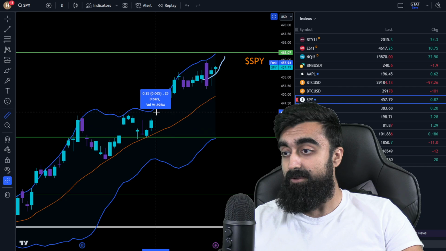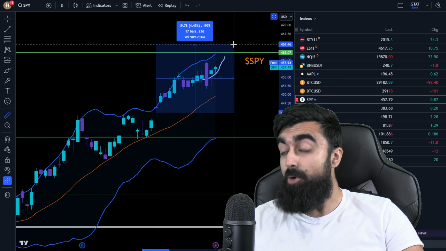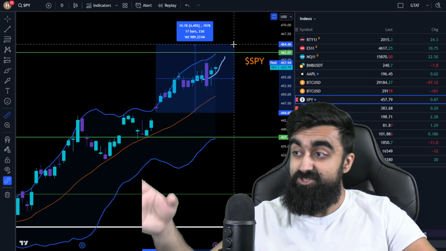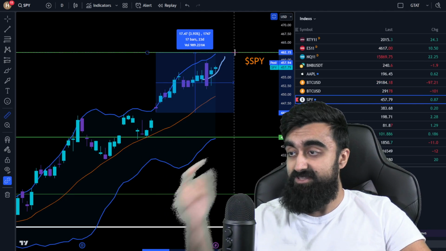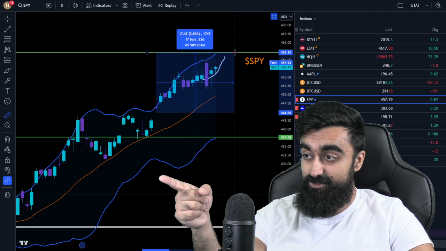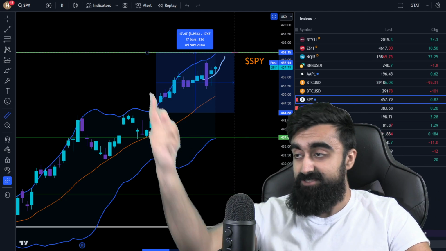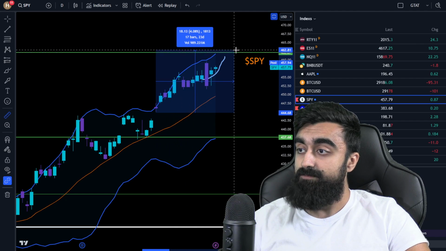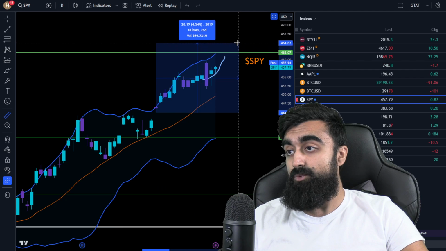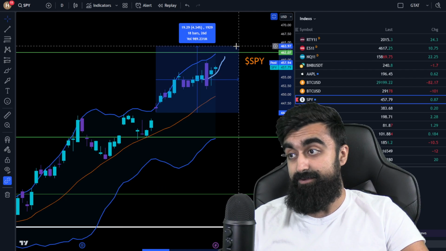So if we were to take a 4.4% increase, that would put us at 464. We should still be rising here according to the past two times this happened. The past two times that we see extreme buying pressure like this, the SPY continues to rise. So there's still more room to the upside, around the 464 area.